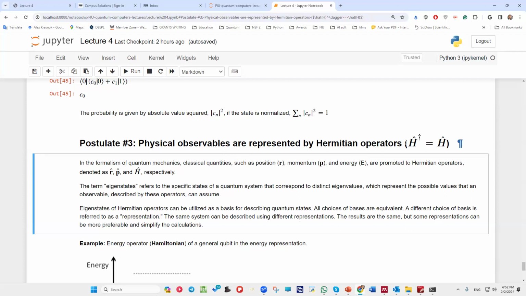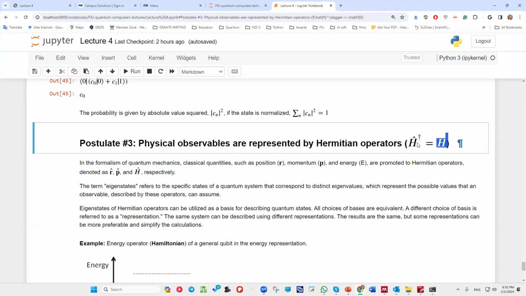Why? Again, I refer you to the previous lecture, because Hermitian operators have real valued eigenvalues. So the operator itself is complex valued, but this complex valued matrix has real valued eigenvalues.